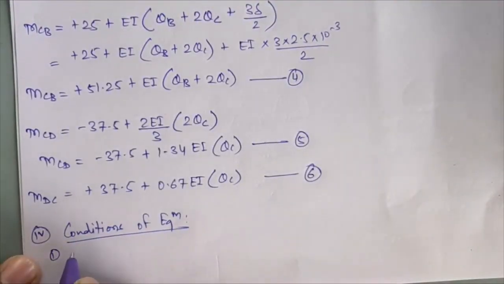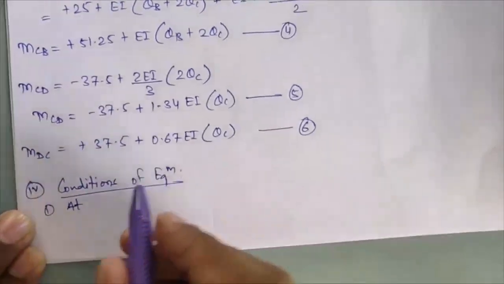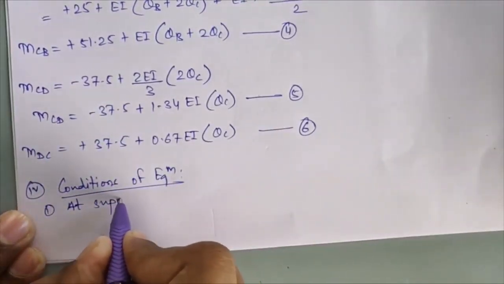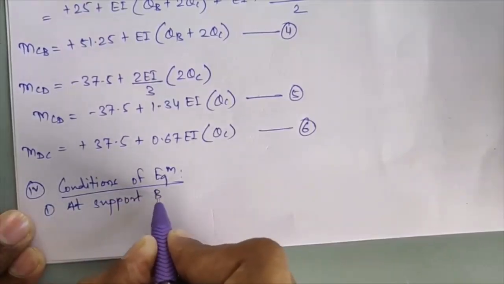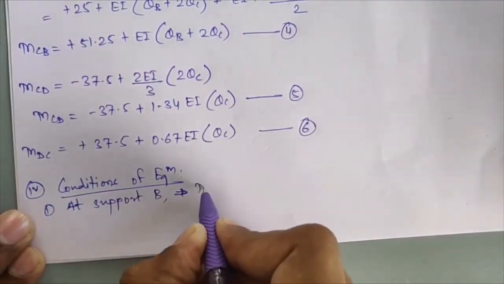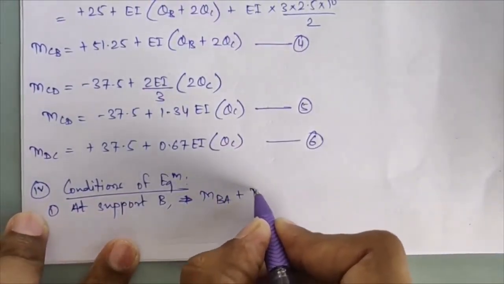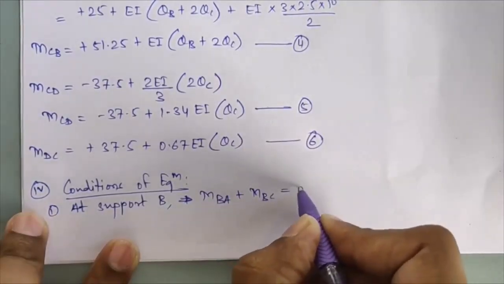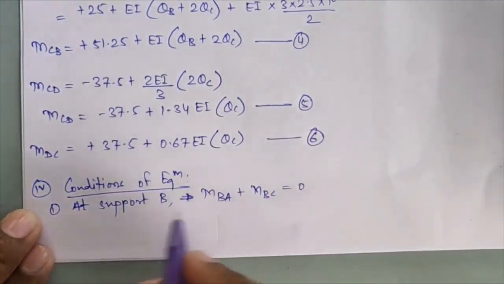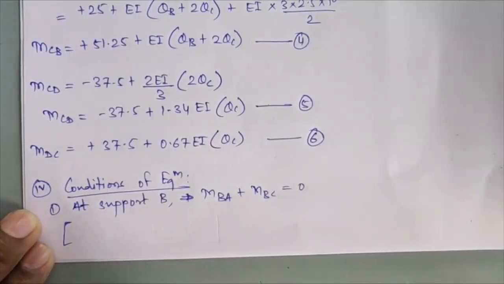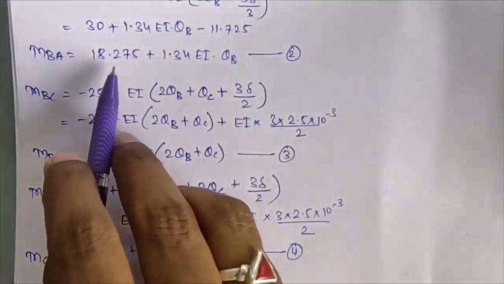So first condition is what? At support B, that condition is what? MBA plus MBC shall come equal to 0. Okay, I'll substitute the equation of BA, that is equation number 2 here I've got.